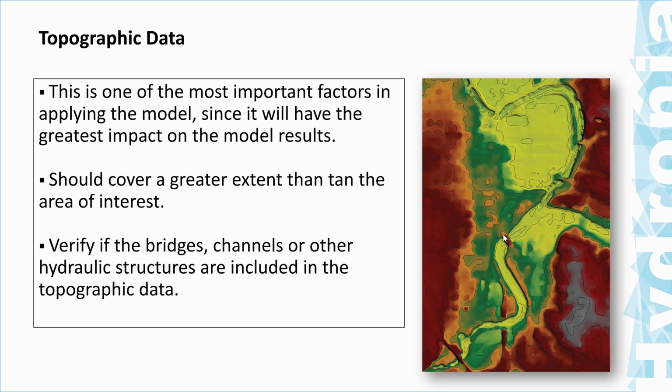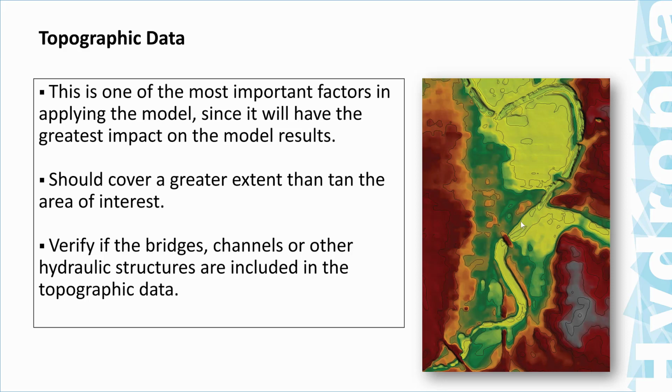You see here, this is a bridge of a road that crosses this river, and we need to make sure that this is removed from the digital elevation model, because otherwise this will be considered like a dam here. And you see here in this part, it has been removed, this other bridge here.